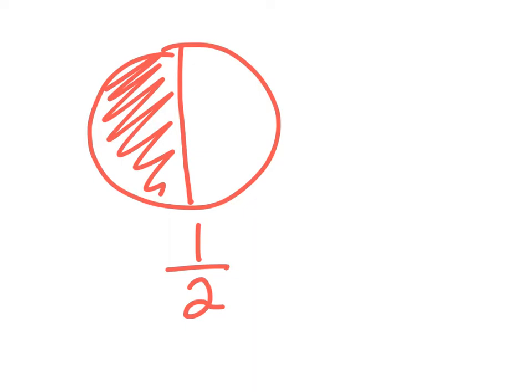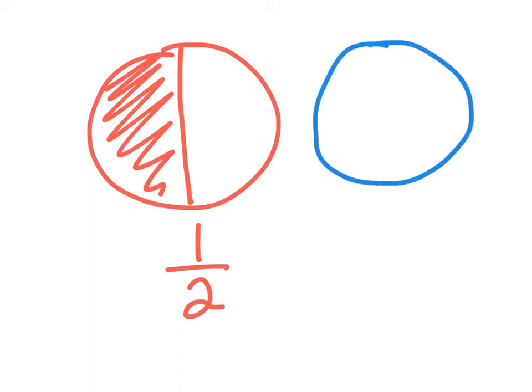But we know that when we order pizzas from, say, Papa John's or Domino's or wherever, they don't come in just 2 slices. If you order pizzas as much as I do, you know that they come in 8 slices. So let's say we have the same size pizza, and let's instead cut it into 8 slices.